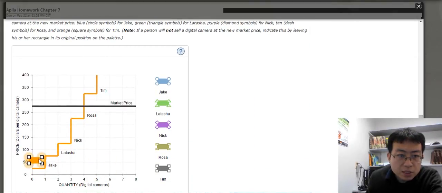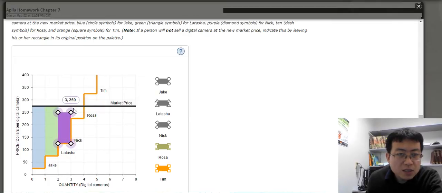So first for Tim, go from here to $275, and then, whoa, almost made a mistake. Go back, Tim. For Jack, okay, for Latasha, and then for Nick.